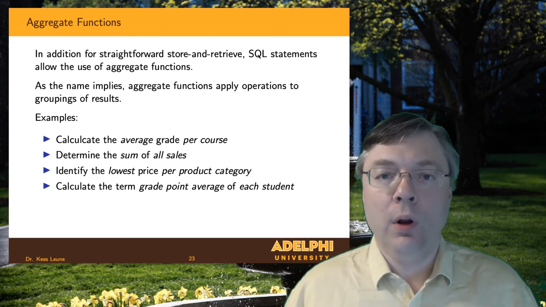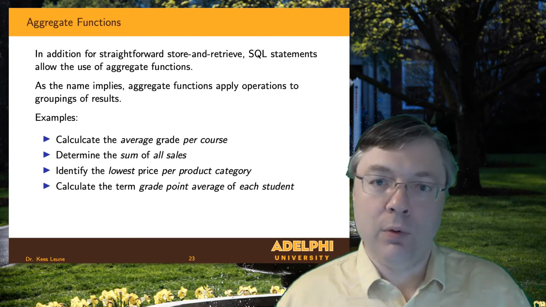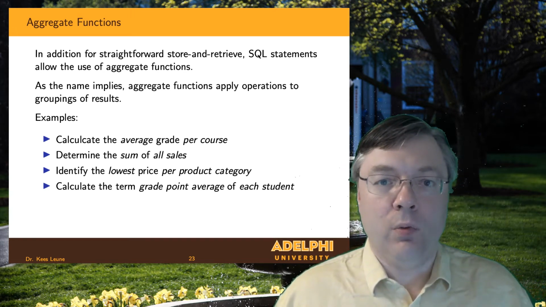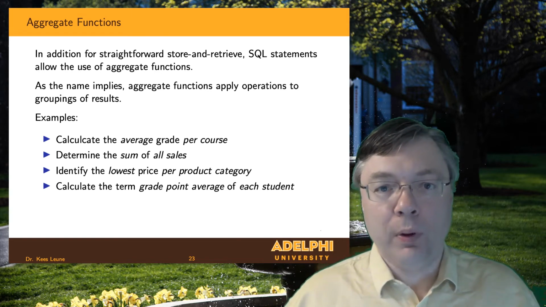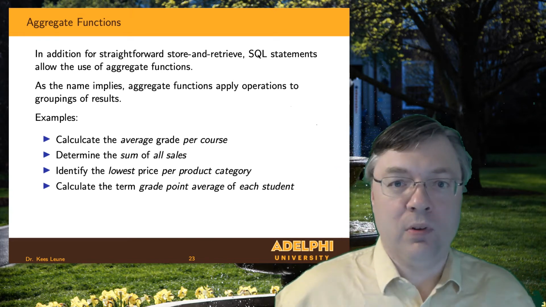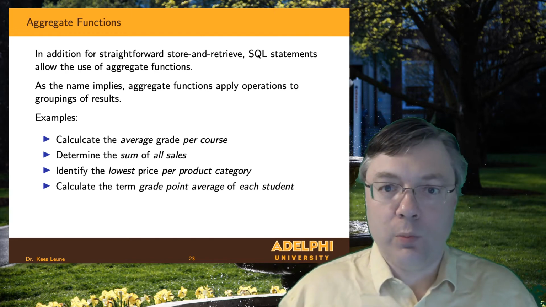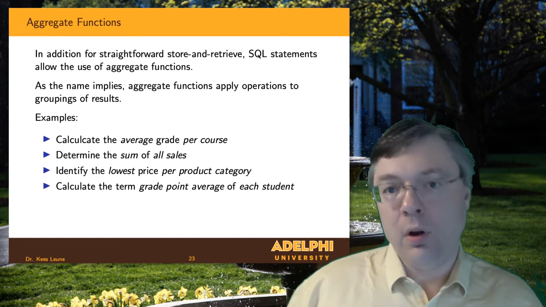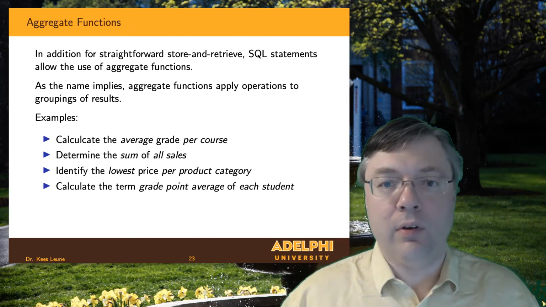And I want to know how well the students are doing in each course. That would be a way to calculate the average grade per course. So the grouping would first be, let's put all the records pertaining to a specific course together. And then for all of those records in that grouping, we're going to calculate the average. For another course, we're going to calculate a different average.